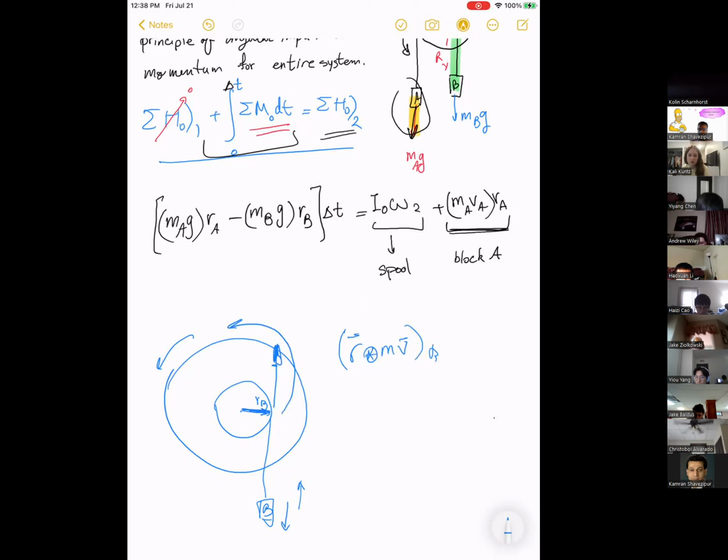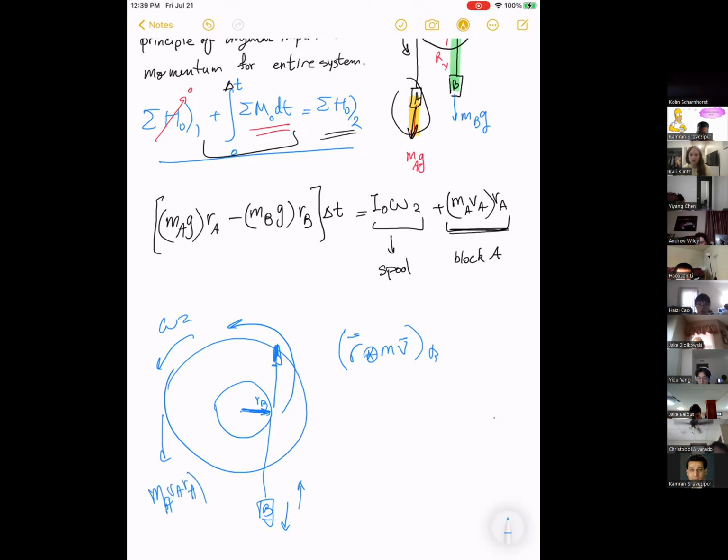Can you guys see that? If this is the radius and this is the velocity, it tries to get it that way, right? Which is the same as omega 2 and the same as MA VA RA, right? So this is the same.